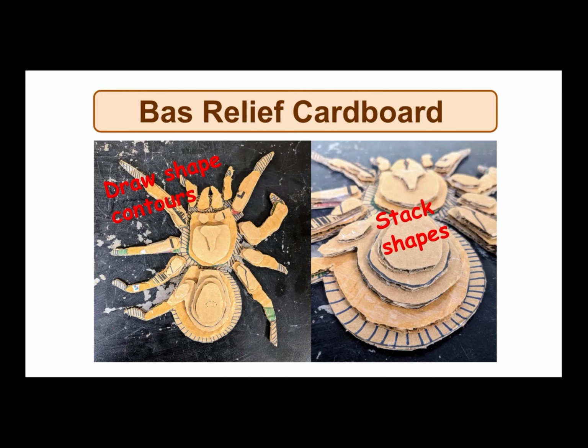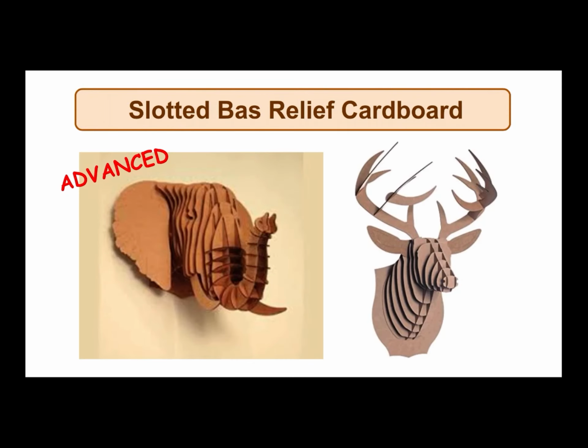There's a more advanced way of using bas relief, and that is through slotted bas relief. And this is truly a challenge. If you choose to do something like this, you're going to be putting way more time than we have in class to design it, but it is possible. You can see that there are 2 vertical cross members holding that elephant together.